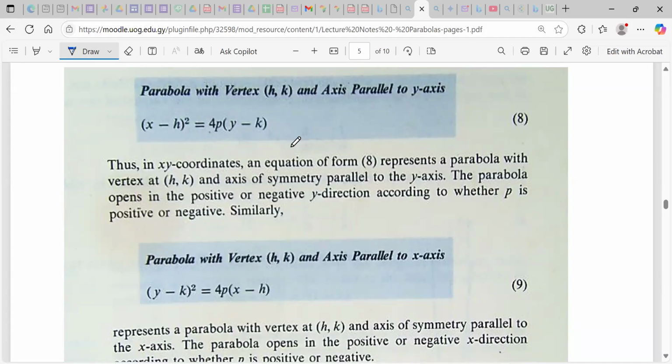Or I can give you an equation and ask whether it is a parabola, and what is its nature, whether it's oriented parallel to the y-axis or x-axis. I can ask you a lot of things, and you have to figure that out based on the looks of the equation and how you can rearrange it to resemble one of these forms, right?